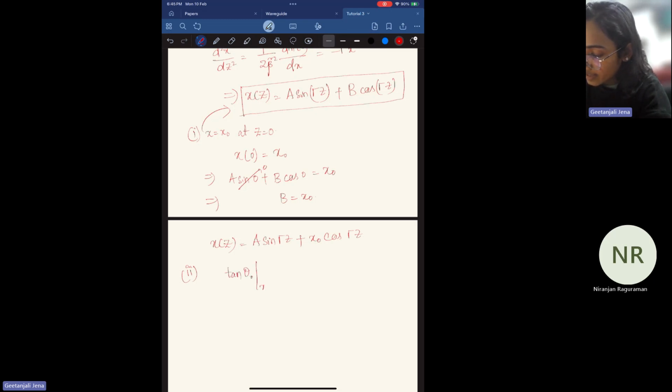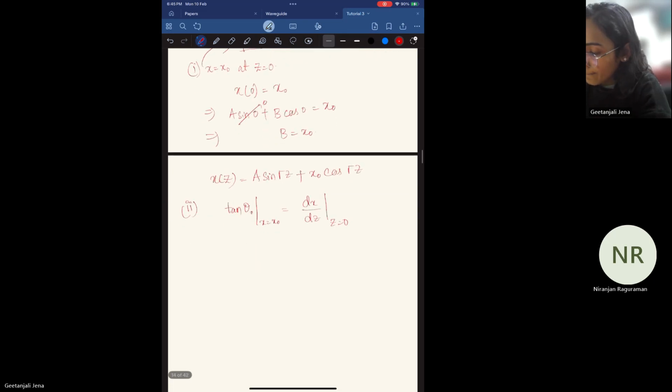So tan theta 0 at x equal to x0 is dx over dz at z equal to 0. dx by dz will be A gamma cos gamma z minus x0 gamma sin gamma z at z equal to 0.